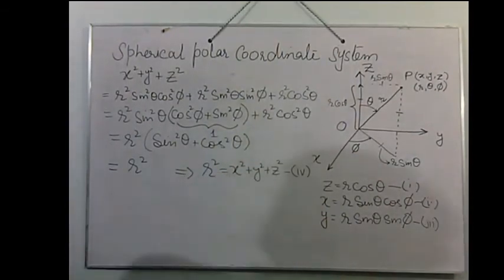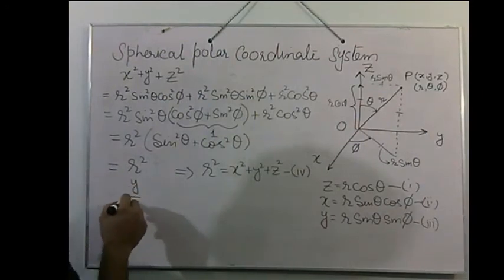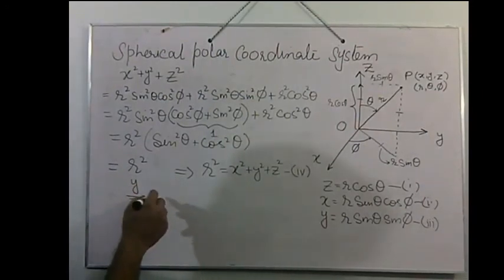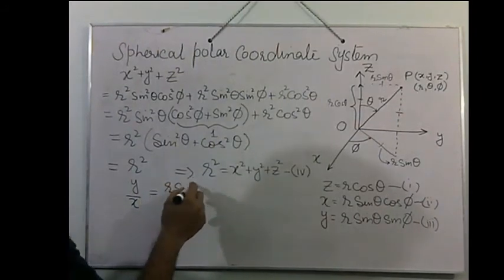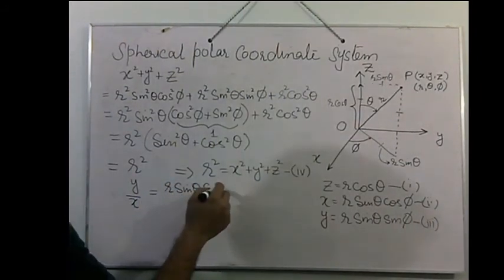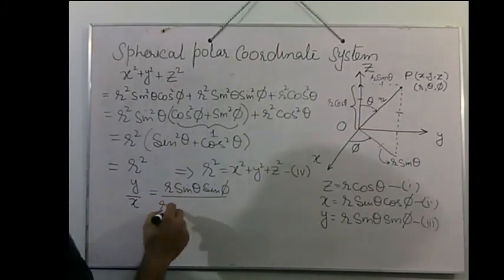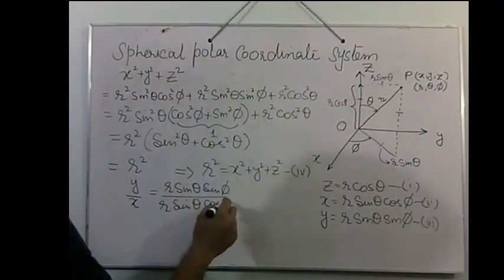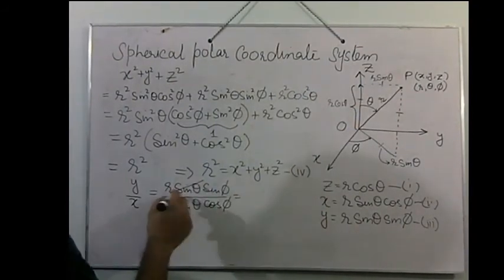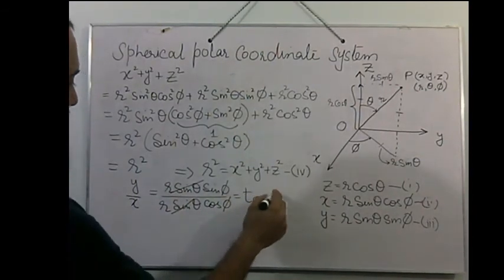This is equation 4, and if we divide y by x, then y upon x will become r sin theta sin phi divided by r sin theta cos phi, which is equal to tan phi.